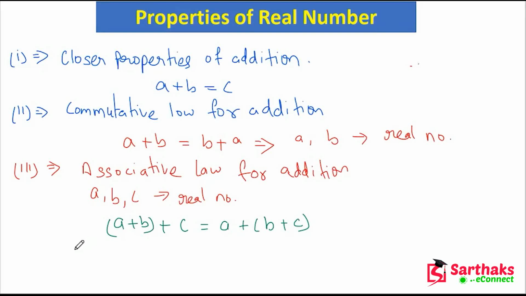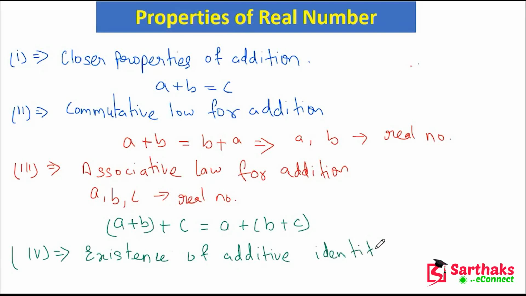Now the next property is the existence of additive identity. So what is additive identity?